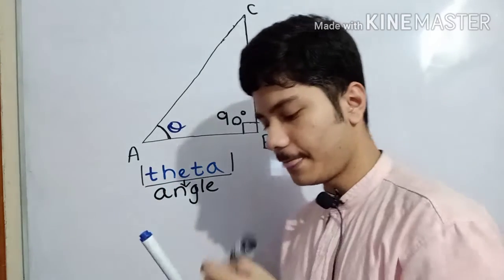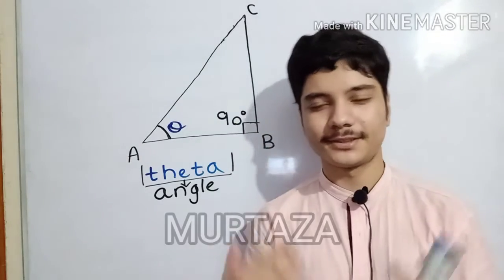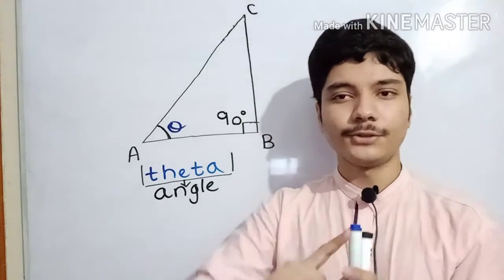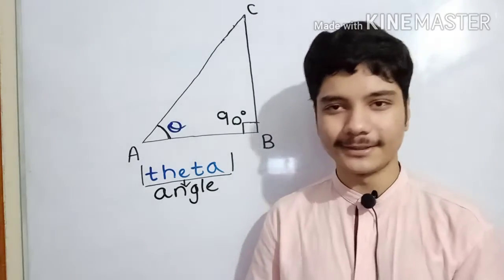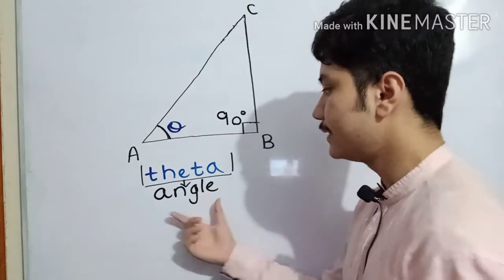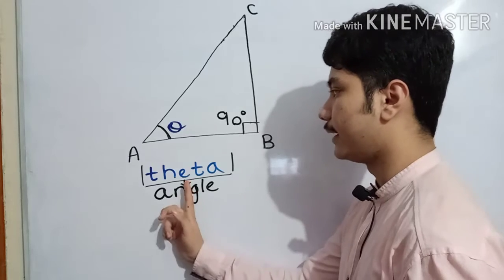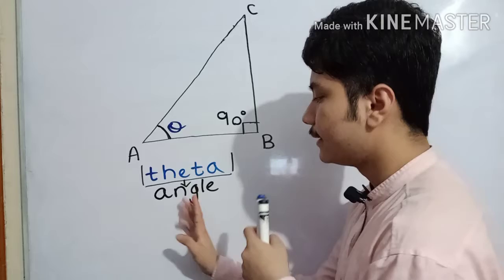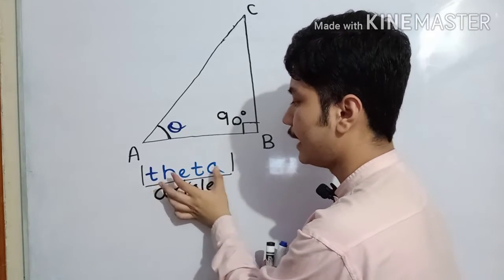For example, my name is Murtaza. You will call me Murtaza. You will not call me with any other name. Similarly, this is an angle, and the name of the angle is theta. You cannot call this angle by any other name except theta.